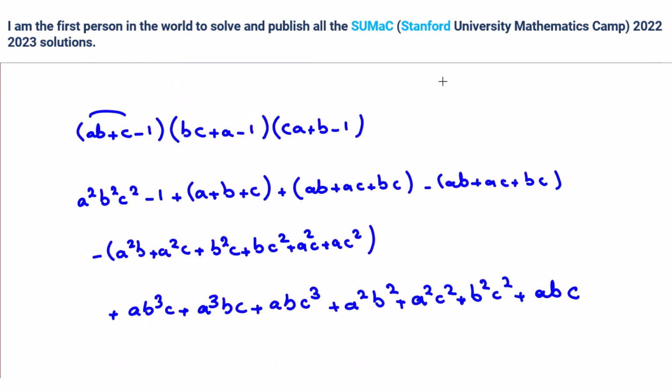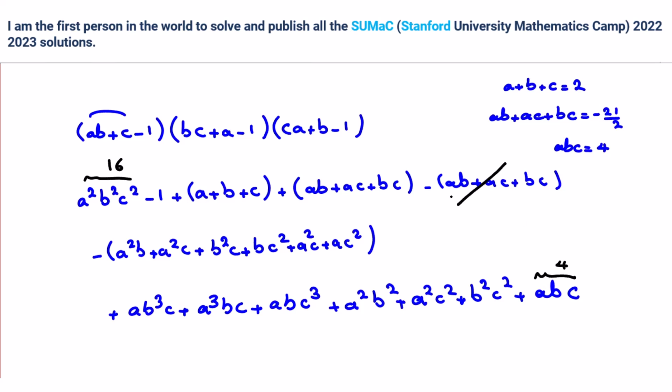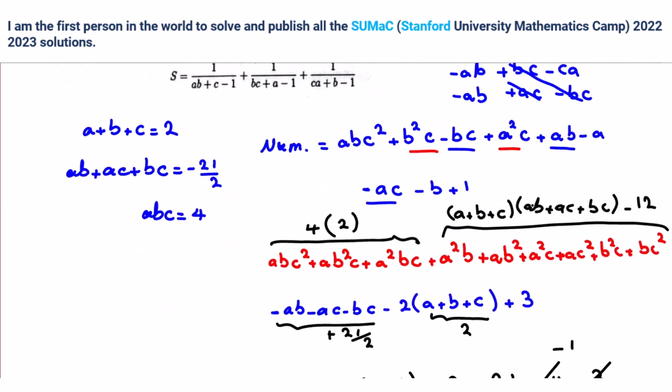Let me write it. ABC is 4, so this one is 16. This one is 4, right? This one will cancel each other out. A plus B plus C is 2. A squared plus, we calculated this part, right?